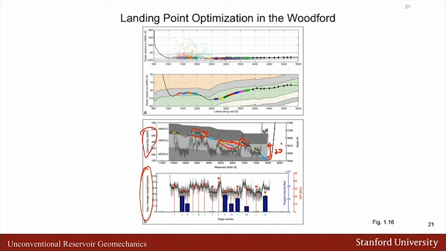In the lower diagram, it appears to be varying along the length of the well, but in fact, it's varying because the well is porpoising in and out between two different zones, one of lower clay plus kerogen and one with more.